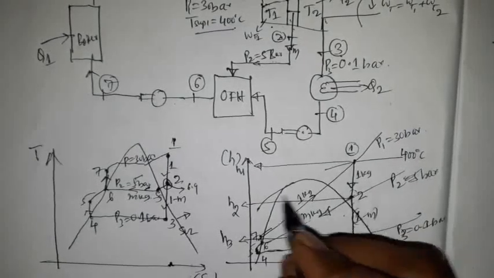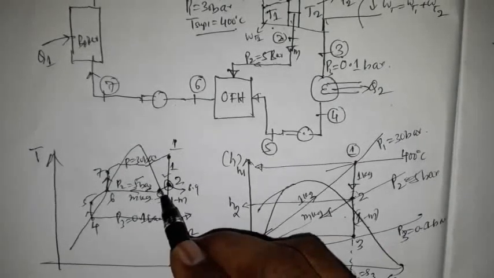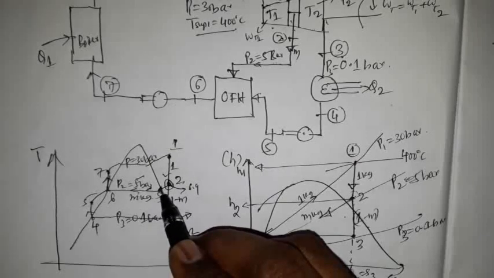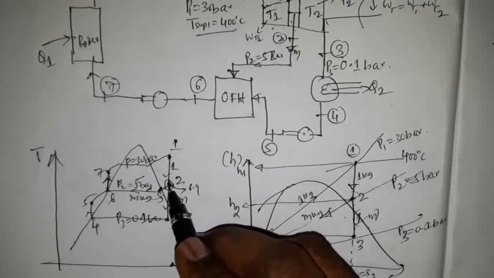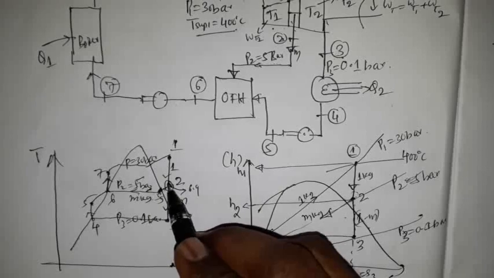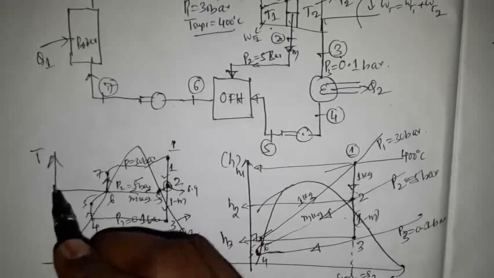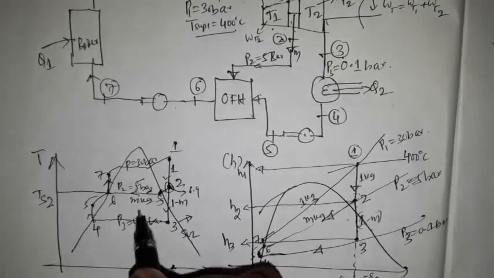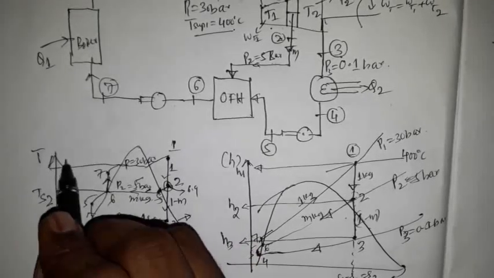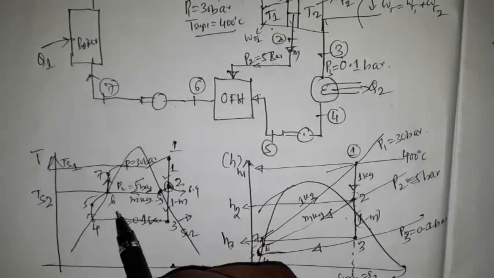So the enthalpy at state 2 can be written as the enthalpy on the saturated vapor line, that is Hg2, plus the change in enthalpy during superheating, that is Cp into the change in temperature. So here I have Ts2, that is the saturation temperature at 5 bar, and here I have Ts1, that is the saturation temperature at 30 bar.